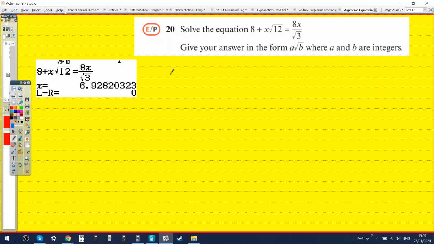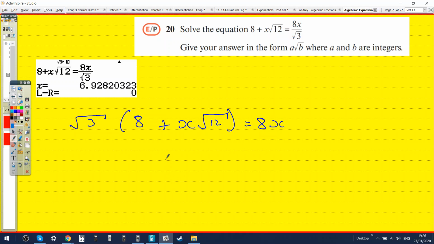So you get bad numbers. So you have basically root 3 times 8 plus x, let's say 2, let's just say x root 12 equals 8x.